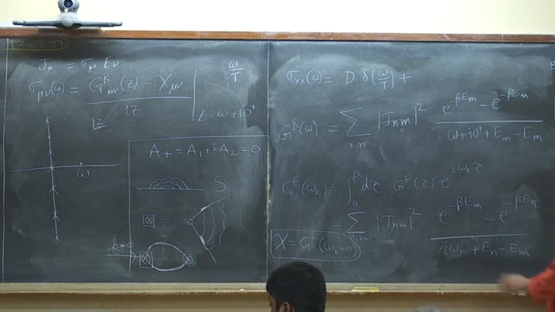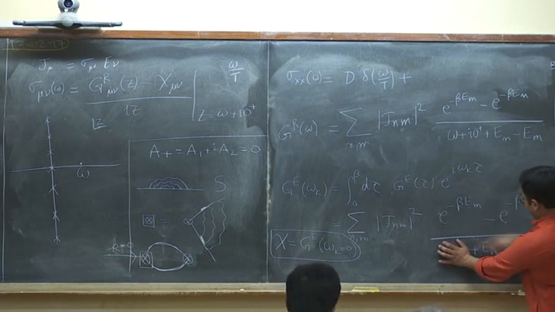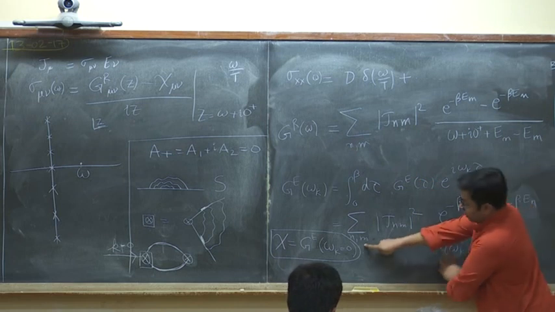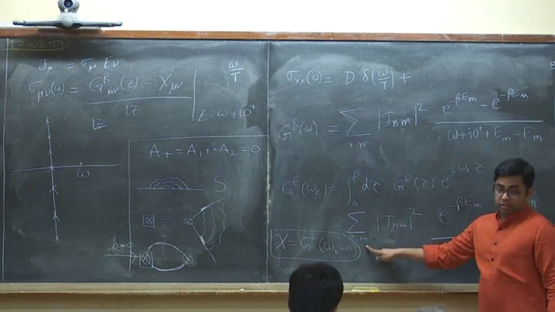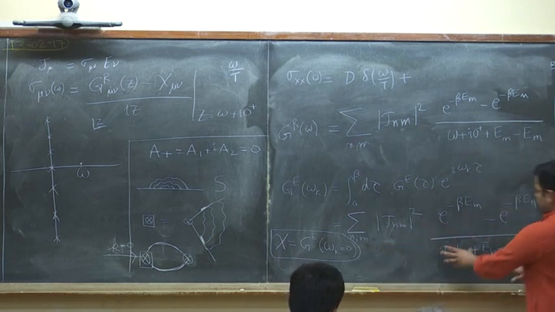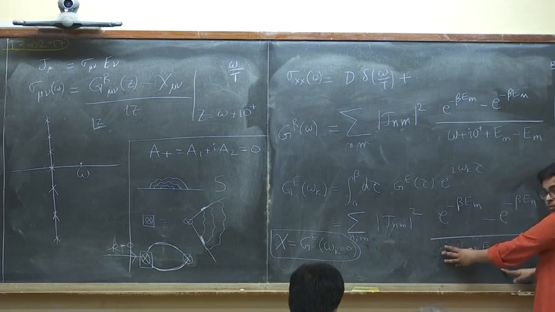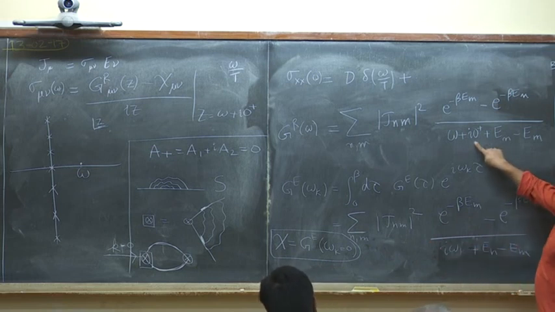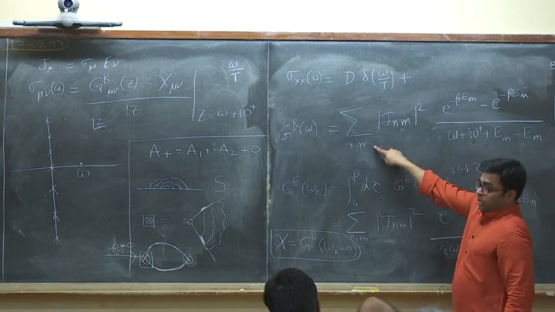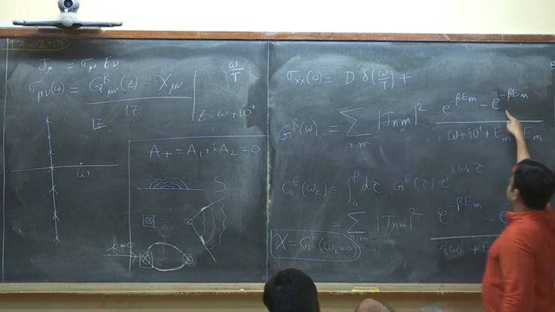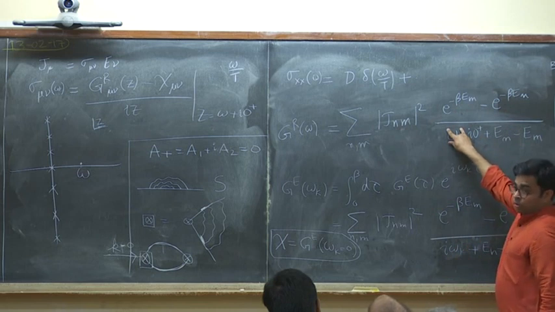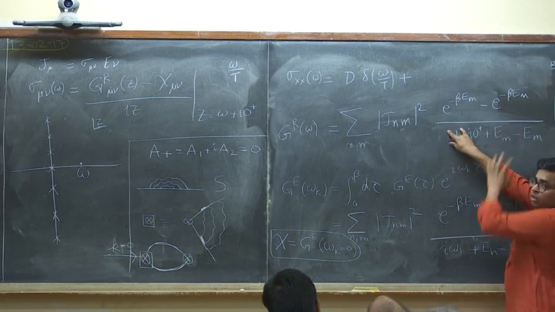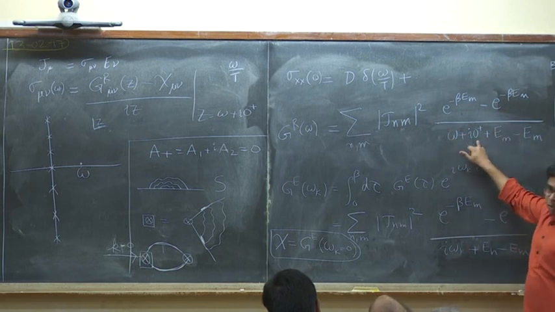So now you see if I set omega_k to 0 in this fraction, let's consider degenerate states with energies equal: the numerator and denominator are both 0. So you get some finite contribution from the degenerate states. Whereas here you don't, because of this i epsilon. When you take degenerate states here, the numerator vanishes, but even if omega is 0 and the states are degenerate, the denominator is non-zero because of this i epsilon.